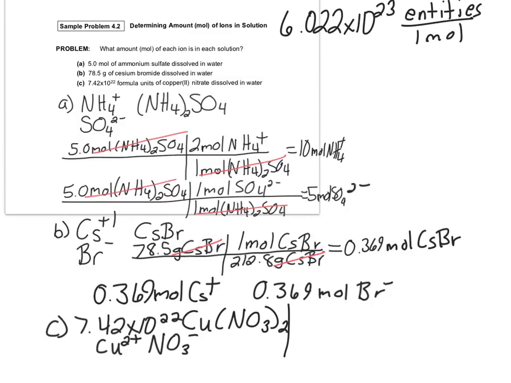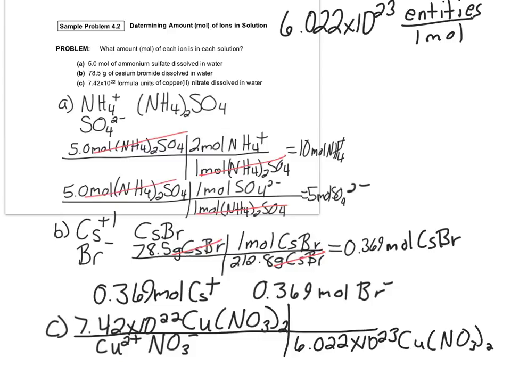Okay, so let me set up my T right here, and I'm going to use Avogadro's number, which tells me that I have 6.022 times 10 to the 23 entities. This time, my entity happens to be the copper nitrates in 1 mole of copper nitrate.